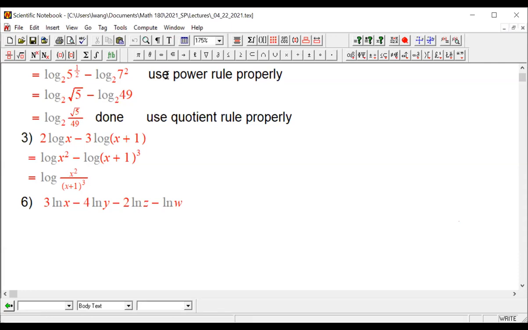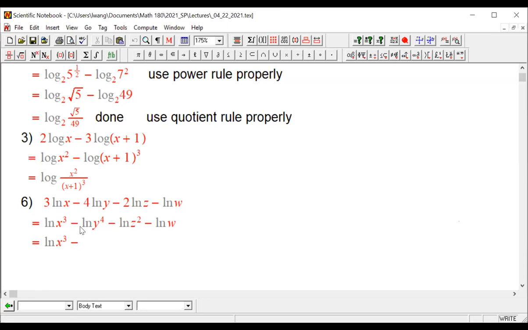I'm going to go straight to ln x to the power 3 minus ln y to the power 4 minus ln z squared minus ln w. You can try other methods and you should end up with the same answer. Obviously you could use the product rule and quotient rule multiple times.